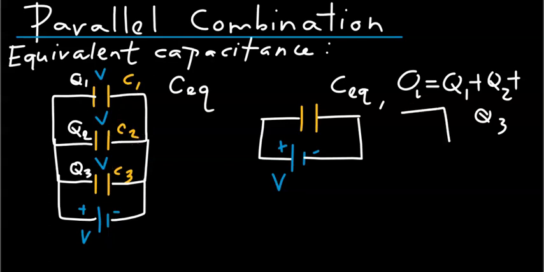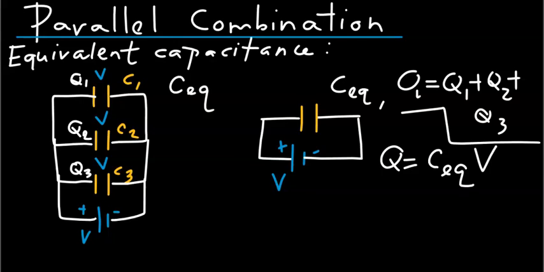Now we note that for the equivalent circuit, Q is CEQ times V, the normal equation that defines the capacitance of a capacitor.